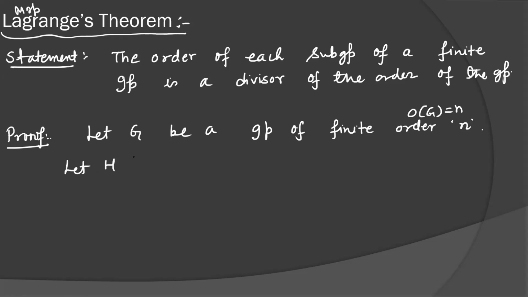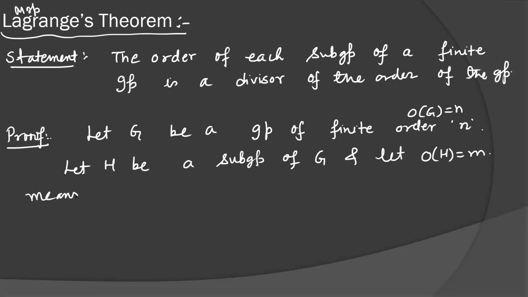Let H be a subgroup of G and let the order of H be M. Then our aim is to prove M divides n perfectly.